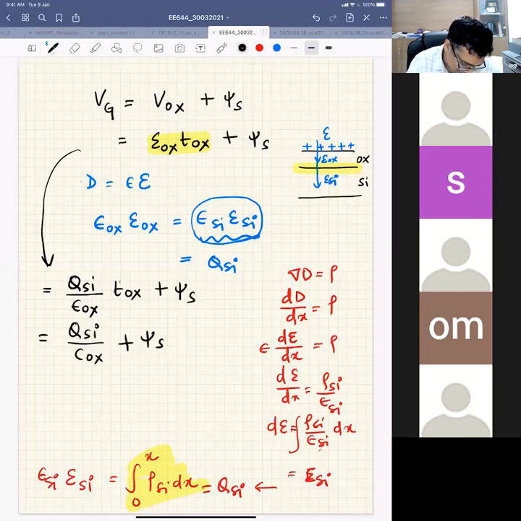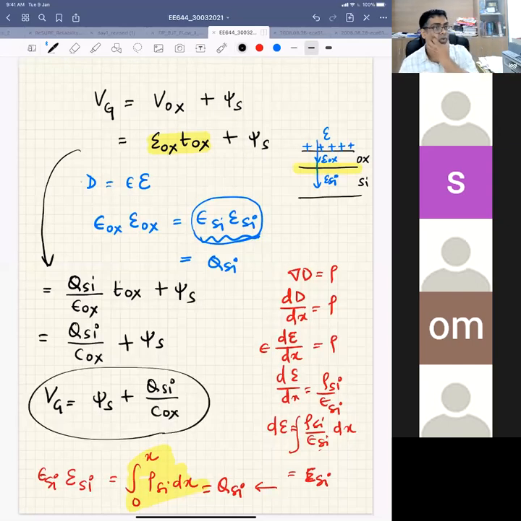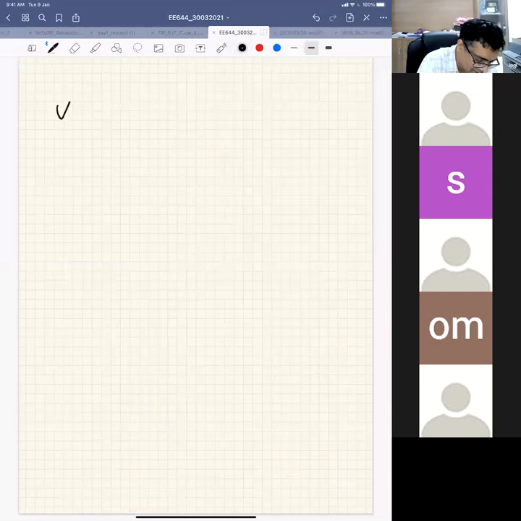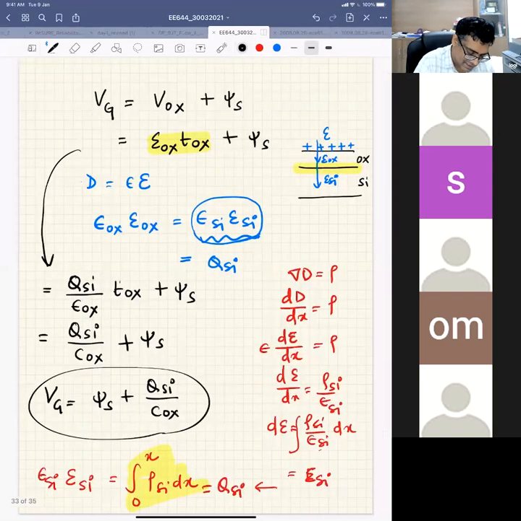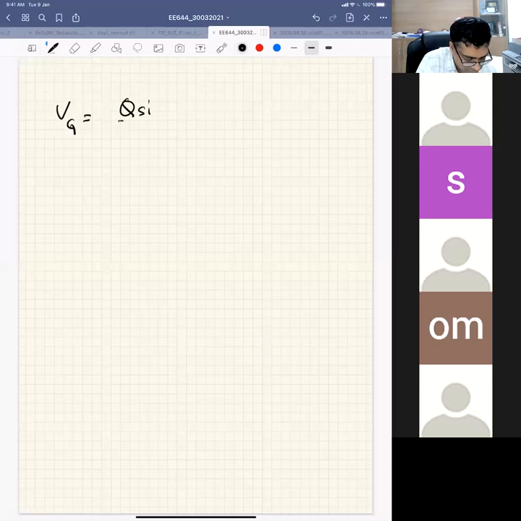So my gate voltage I could write down as psi_s plus Q_Si divided by C_ox. Whatever gate voltage I'm applying, Q means whatever charge is in the silicon.